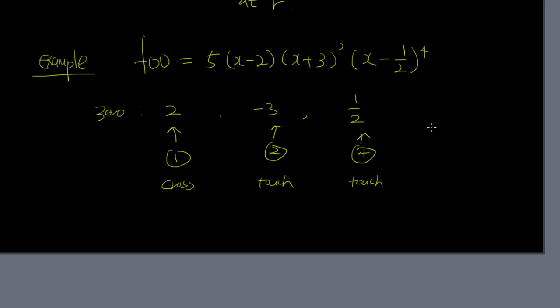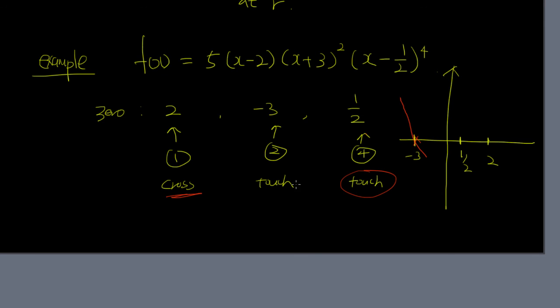So we do not know exactly what this looks like, but let's say we have negative 3, let's say we have 1/2, and let's say we have 2. The graph is going to cross at that point, right? It's going to cross here, and it's going to bounce back to touch here.